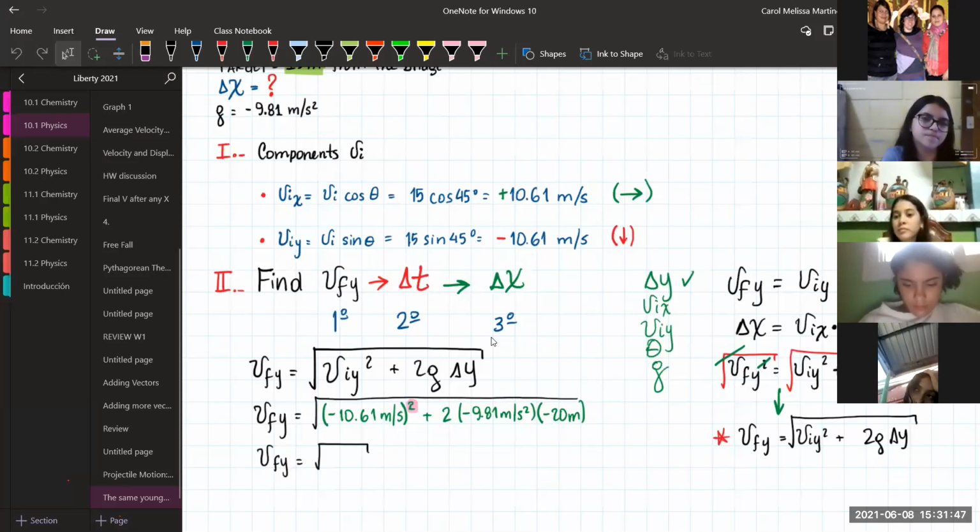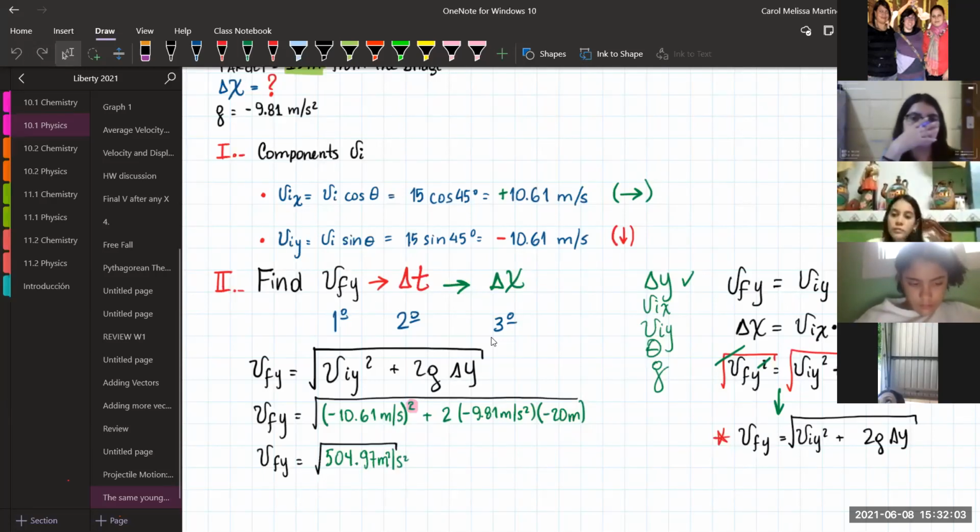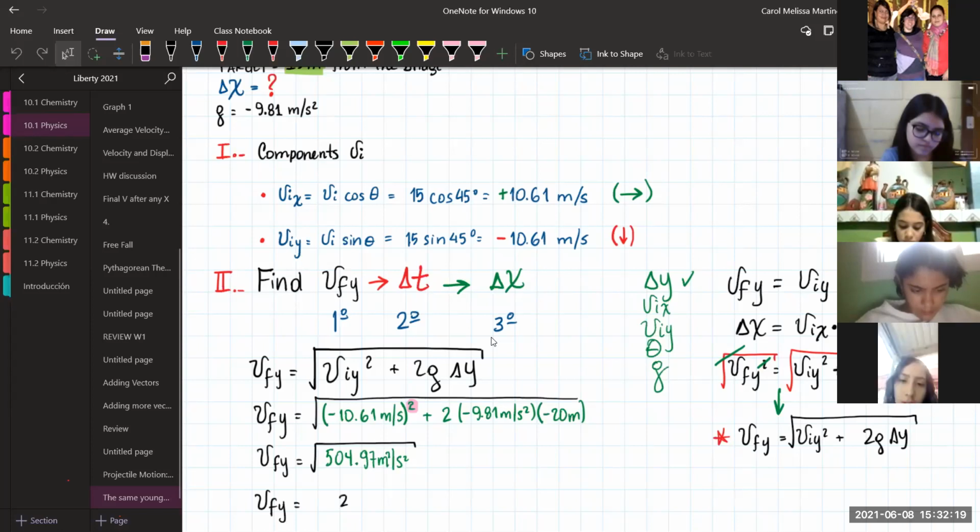Square root of 504.97 square meters over square seconds. And then you apply the square root to your answer, and I get that the final velocity in y equals negative 22.47 meters per second.